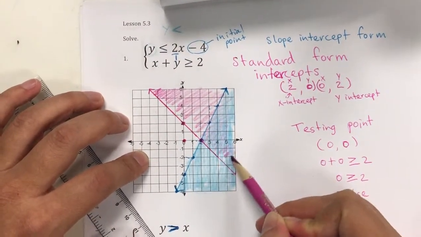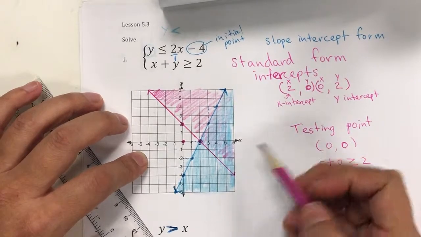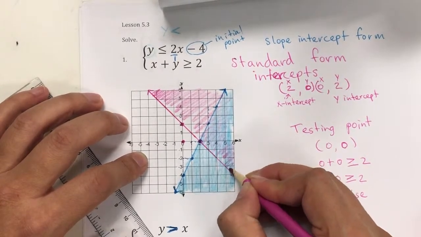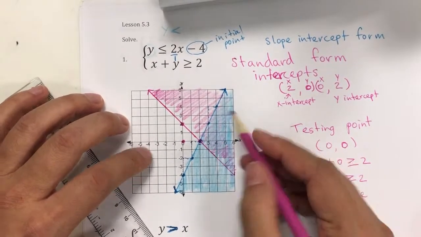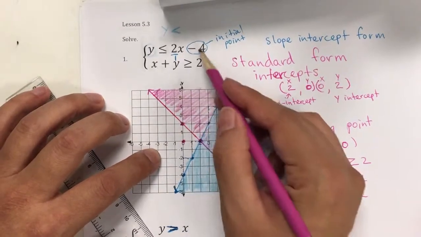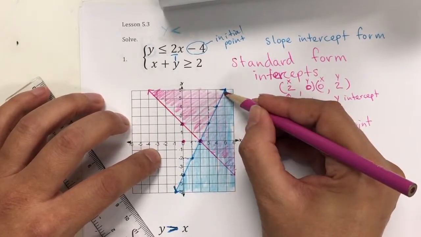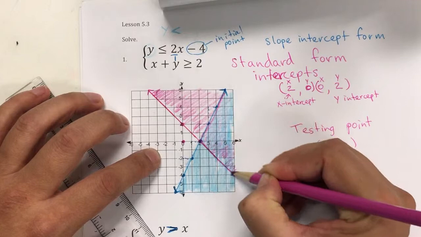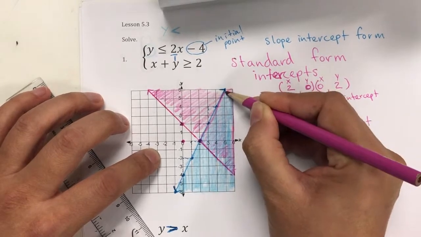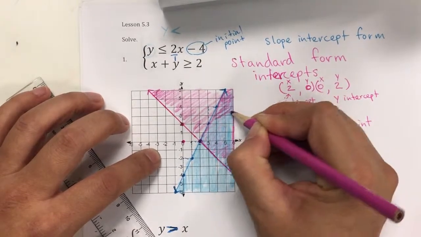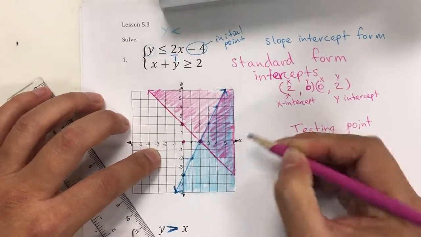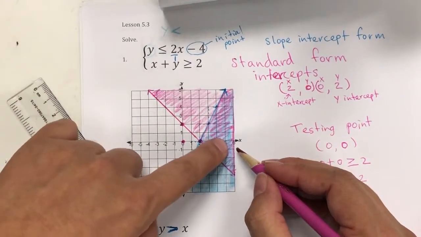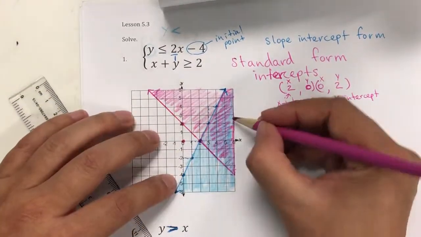Now, what is it that we're looking for in here? The true solutions of these inequalities is this section right here, where the two colors, the two shades meet, where you have blue and pink together.